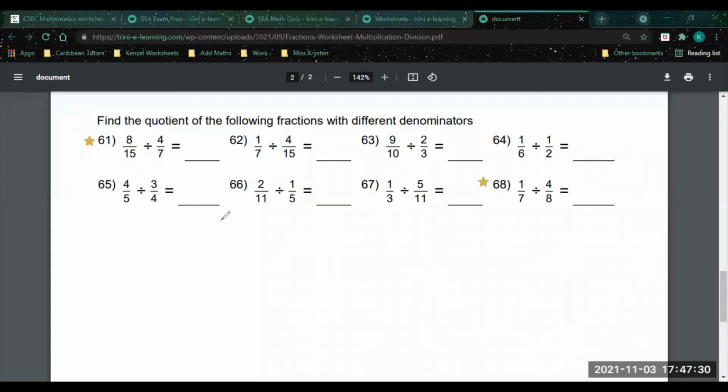So here you have 1/7, and when you flip it, you'll multiply by 15 over 4. I should probably type it. Yeah, type it. So I have 1 over 7 multiplied by 15 over 4.